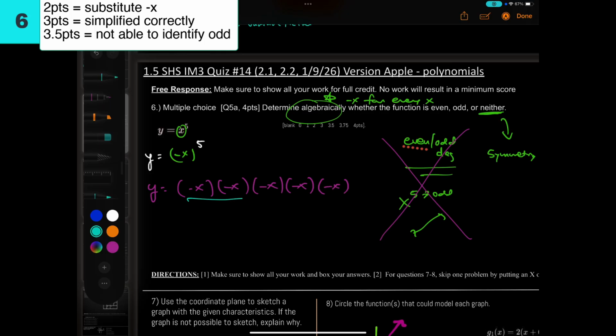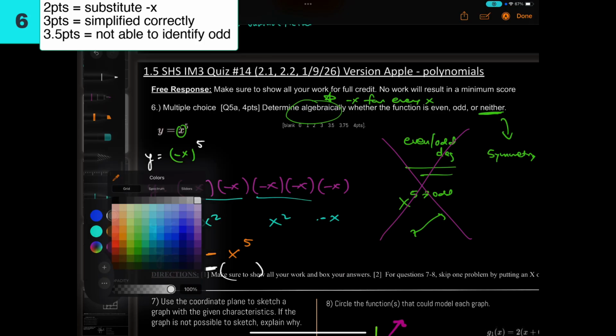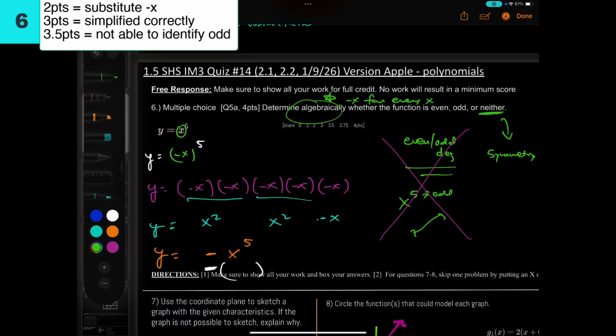And then each of those, negative times negative is a positive, positive, and that one's still negative. So you will get negative x to the 5th power. Now what I can do is I can factor out, and this is my original problem. Let's go back to green. So this is the original.